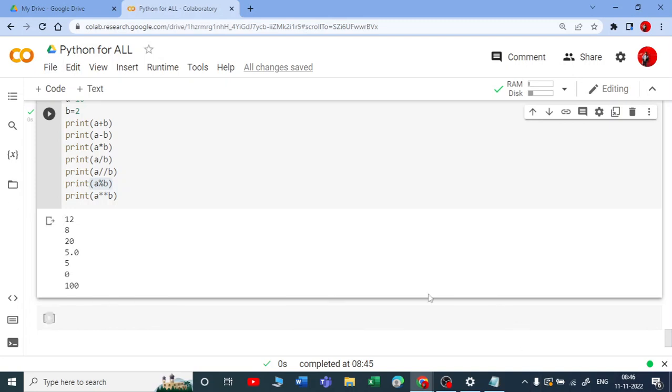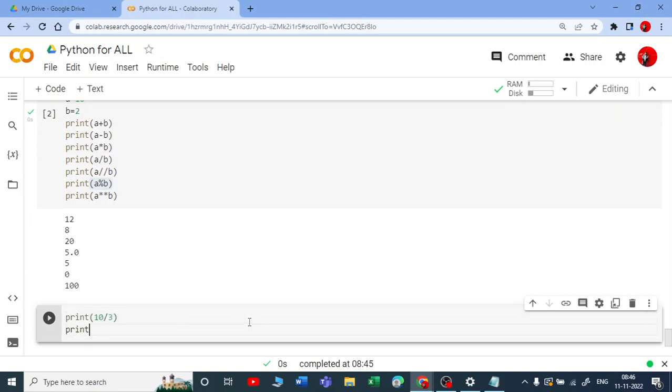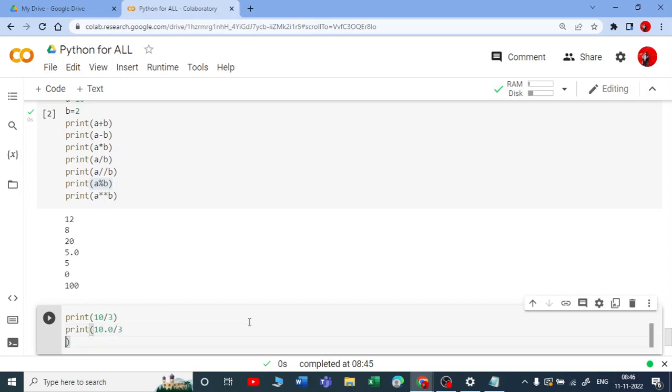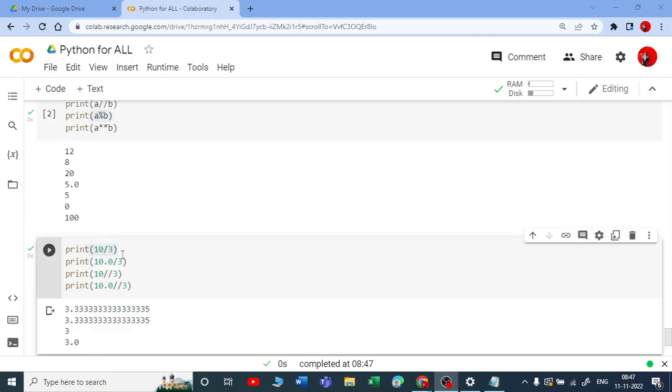Now let me give you more examples. So I want quick responses. If I say print 10 divided by 3, if I say print 10.0 divided by 3, so you can see this will be float, this will be float.